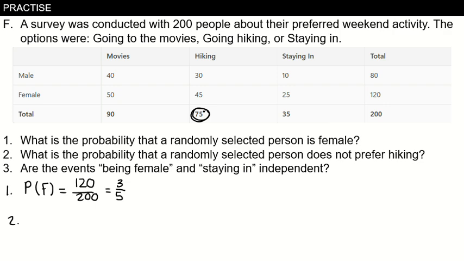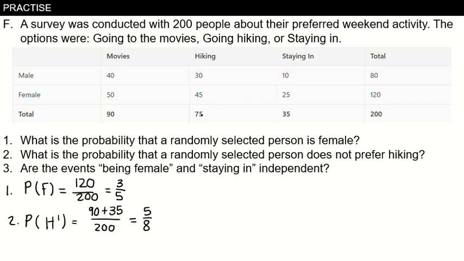You can either use the complement rule, which says 1 minus the probability of hiking gives the probability of not hiking, or you can just do the probability of not hiking as 90, which is the number of people liking movies, plus 35, which is the number of people who like staying in, divided again by the number of people interviewed. If you do this calculation, you would get 5 over 8 as your final answer.